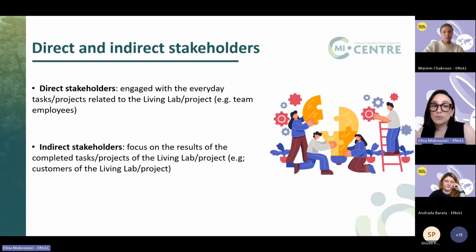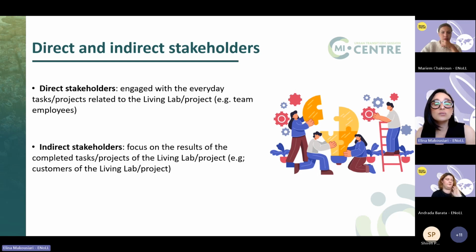And then we have direct and indirect stakeholders. Direct stakeholders are engaged every day, as I said before, like the team that works with you in the project or the Living Lab. Indirect stakeholders are those focusing more on the result. They're not really into how you get to the result, but want to see the end result and the impact it has on them.